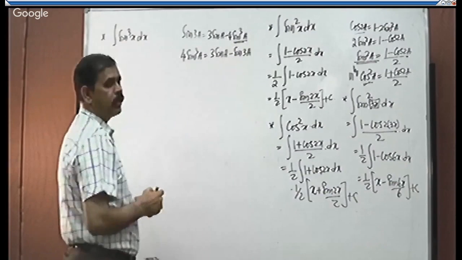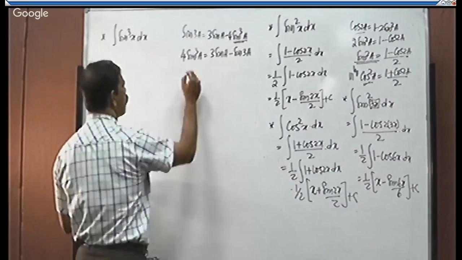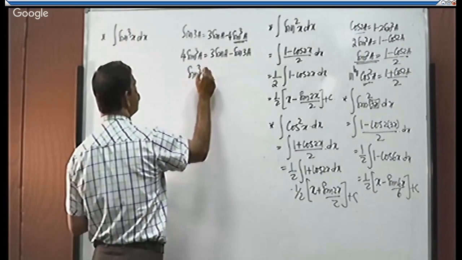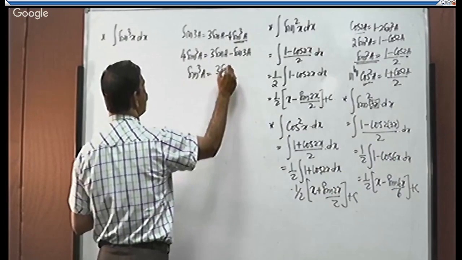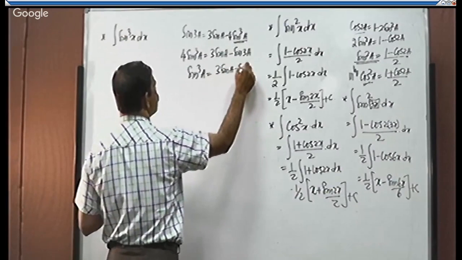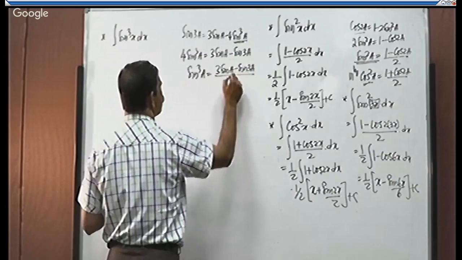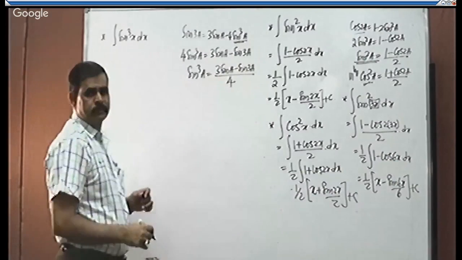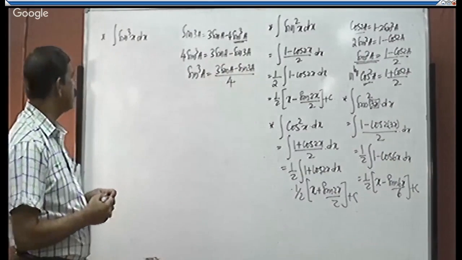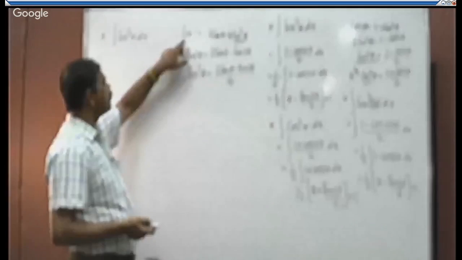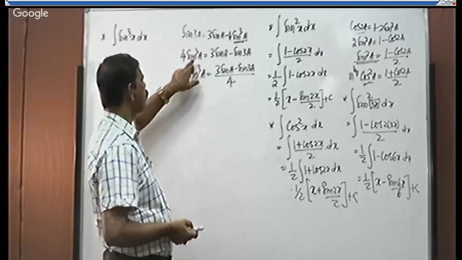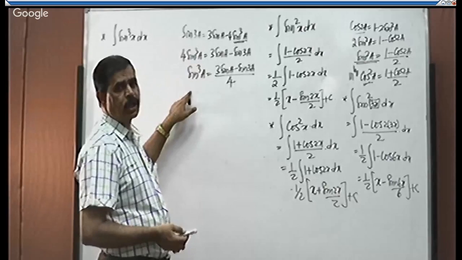So sine cube a is equal to 3 sine a minus sine 3a, all divided by 4. If they give sine cube a, from the sine 3a formula, you need to convert it for sine cube a.